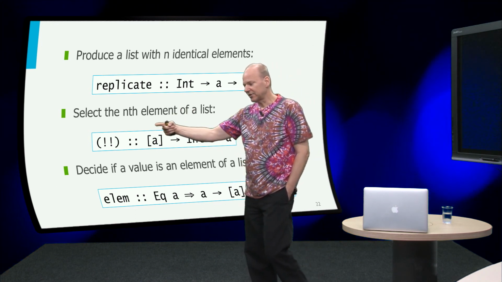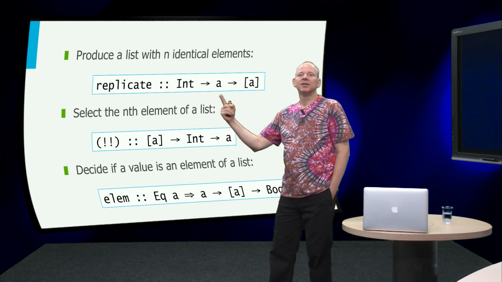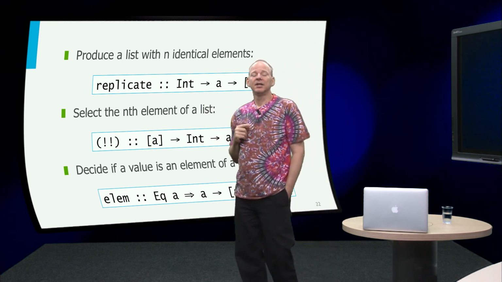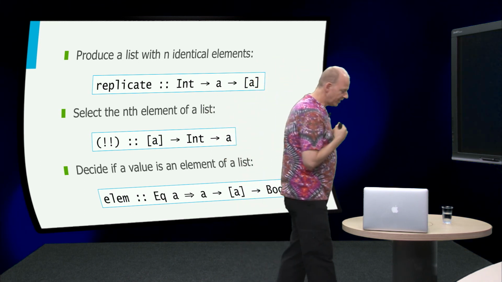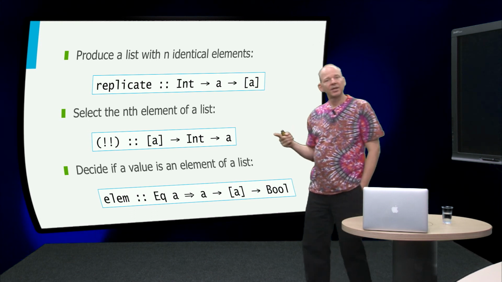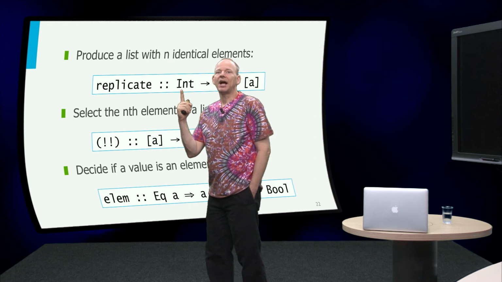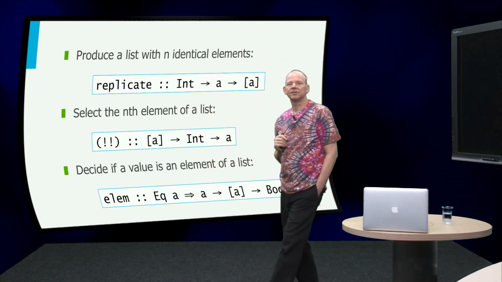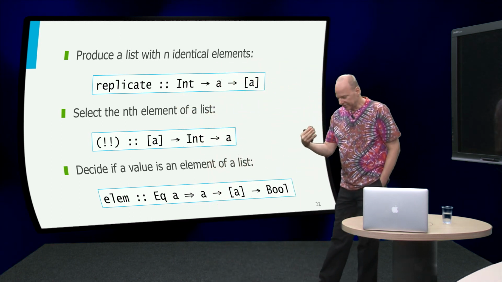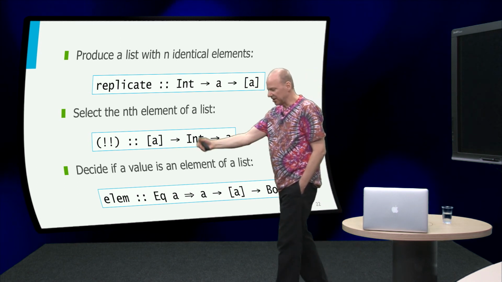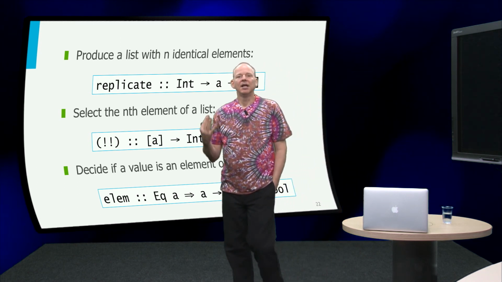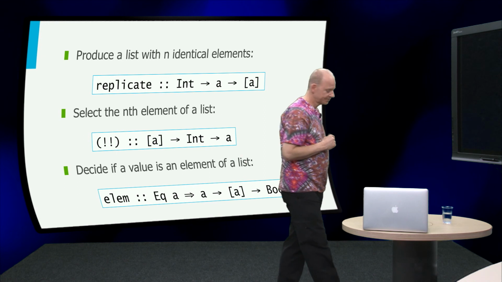So I get a list of n minus 1 a's, and then I cons a on top. So that one is easy. But again, you have to look a little bit, and then you see I'm doing recursion over that integer. There's two cases. You just write them down, and everything drops out.